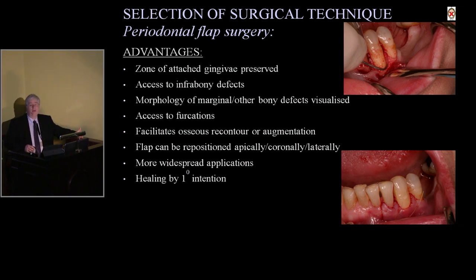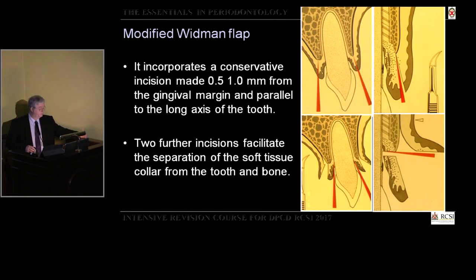The flap can be repositioned in many different positions, apically, coronally, laterally, etc. So much more widespread applications, and provided the flap is designed correctly, the healing should be by primary intention, so we get primary closure. The modified Widman flap, which is the sort of basic design that very often we use today and have done for some time, essentially incorporates 3 incisions.